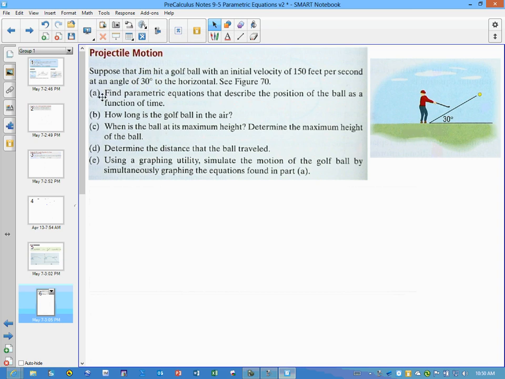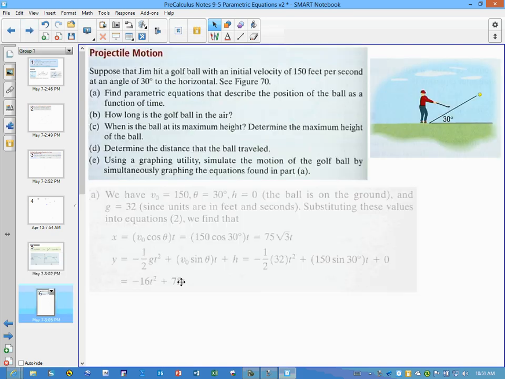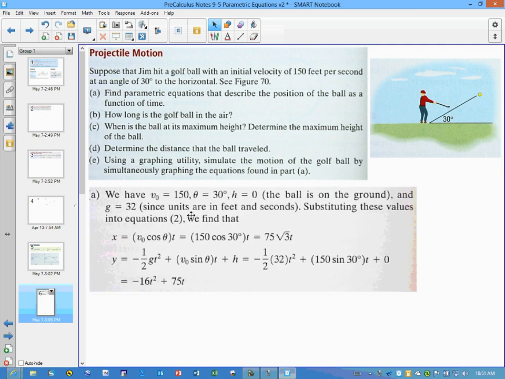Okay, first question, we'll just take them one at a time. Find the parametric equations that describe the position of the ball as a function of time. Well, that's nothing more than taking these two equations and substituting in the values we know. We know that the initial velocity is 150, that's v naught. Our theta is 30 degrees, which is this angle here.